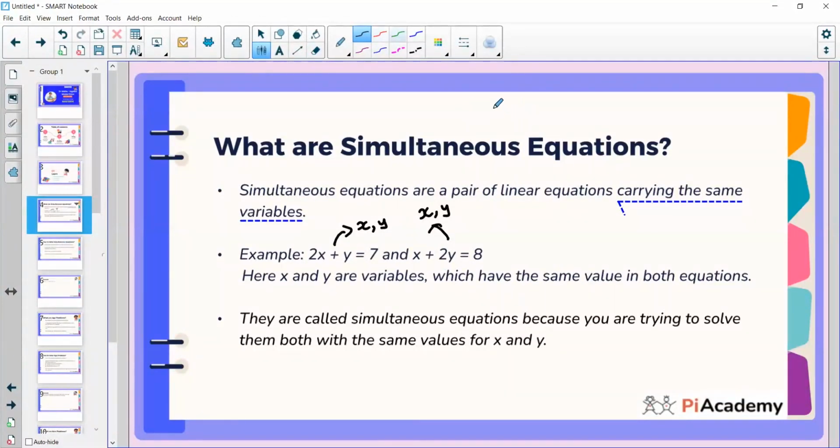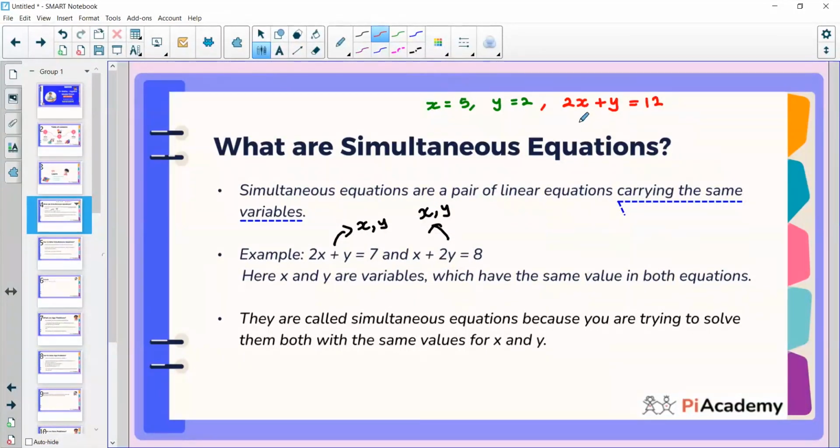If we take another example, let's say x is 5 and y is 2. If I try to create simultaneous equations using these variables, I know that 2x is 10 and 2x plus y would be 12. So this is one equation. And let's see some other equation.